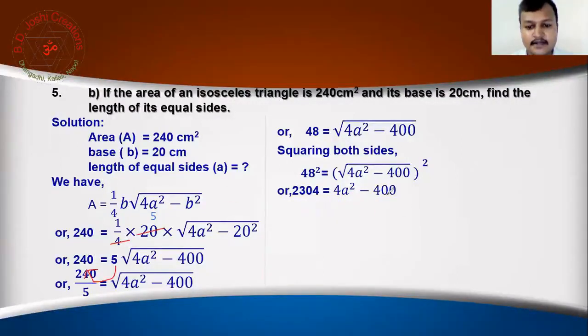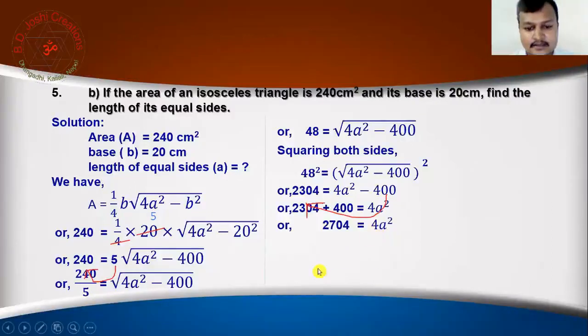Now take this 400 to the left side and add it with 2304, and only 4a square will remain on the right side. It is equal to 2704 is equal to 4a square. Again, divide this 2704 by this 4.